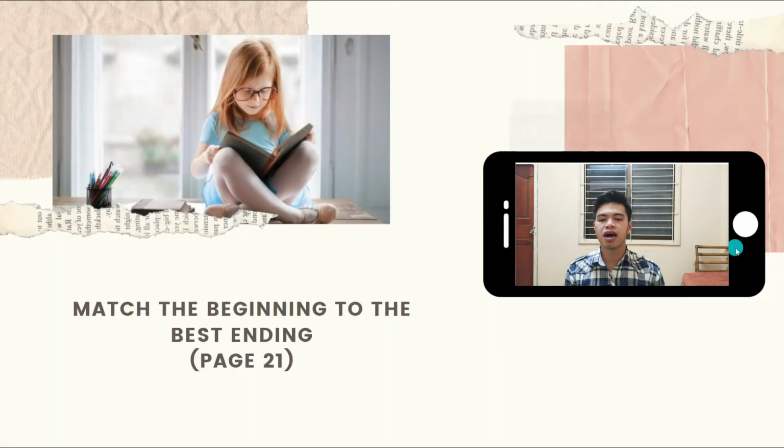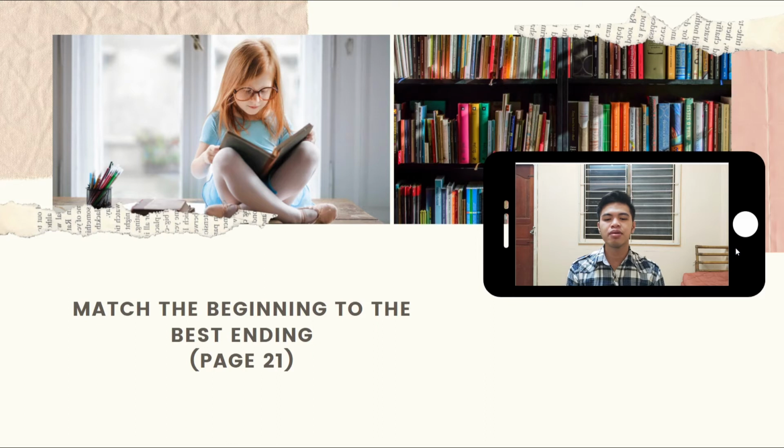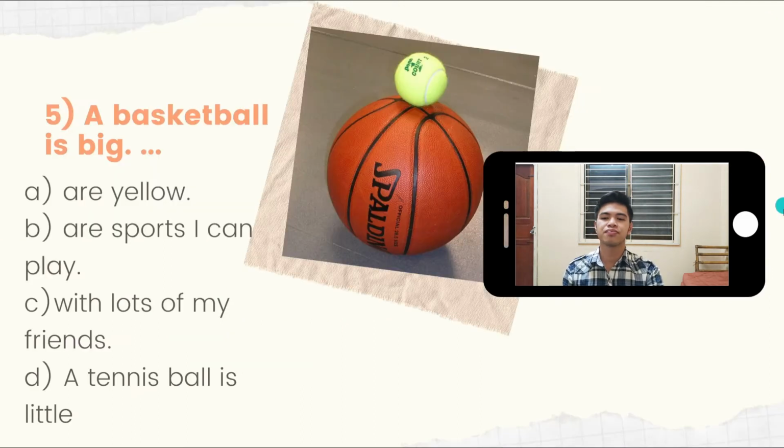For the next part, we're going to match the beginning to the best ending. So I want you to open your book to page 21 and answer the following questions. Here, we're just going to match the numbers to the letters to complete the idea of the sentence. Okay, so let's go.